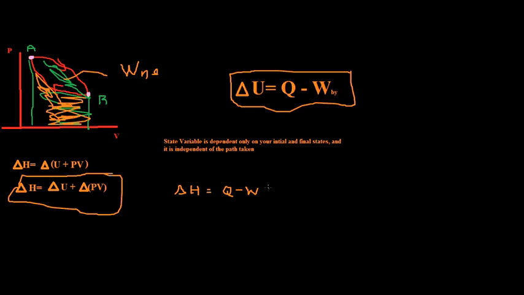The work being done by the system plus the change in PV, right? So work could also be defined as P change in V. Now, work can only be defined as P change in V when you have constant pressure.